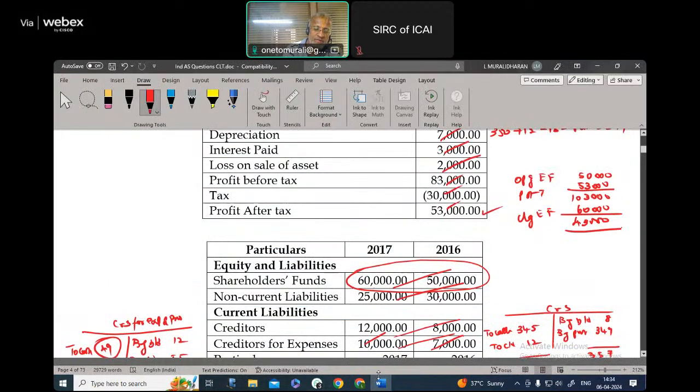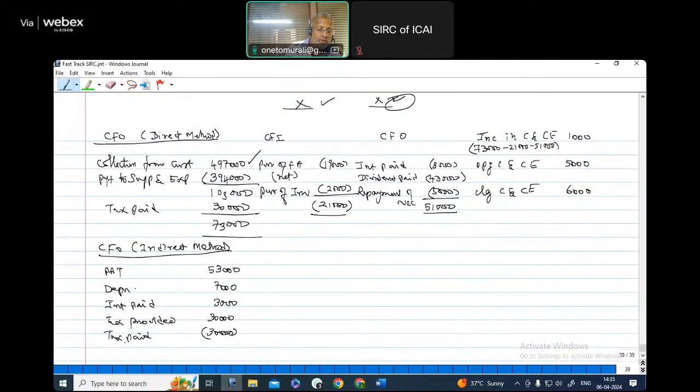And loss on sale of asset should be taken up to the extent of 2,000. Now let us just try all that. 53,000 plus 10,000 plus 2,000. So brought forward 65,000. Then we will take up those changes in working capital.